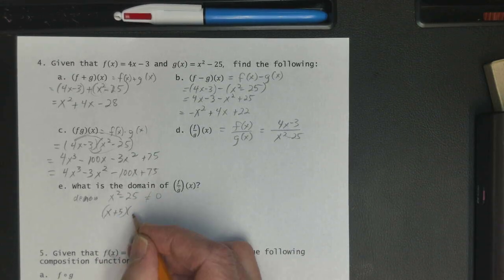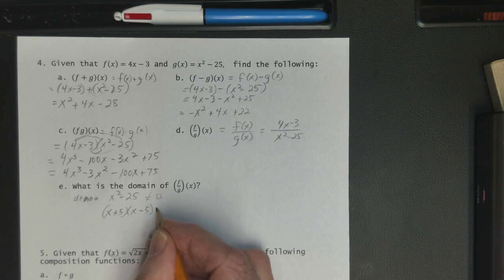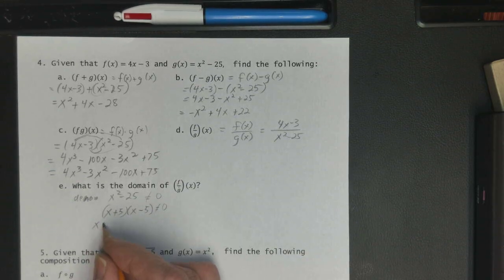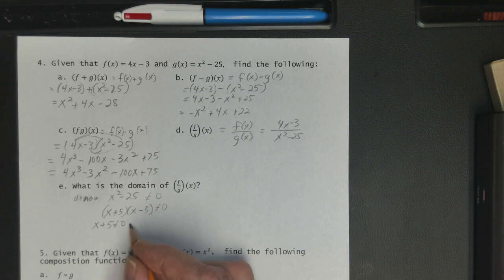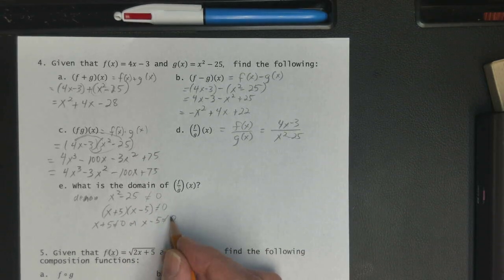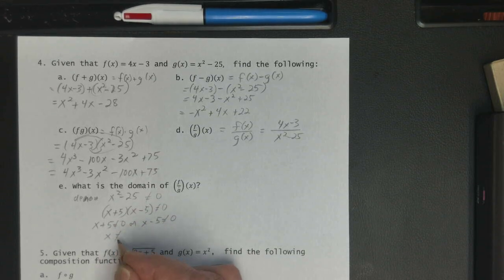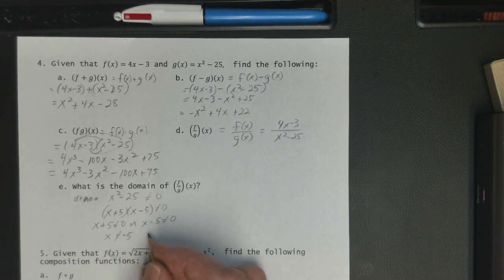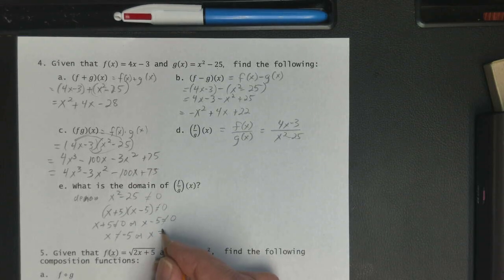I'm going to factor that. X plus 5, x minus 5 is not 0. X plus 5 is not 0, or x minus 5 is not 0. So x is not equal to negative 5, or x is not equal to 5.